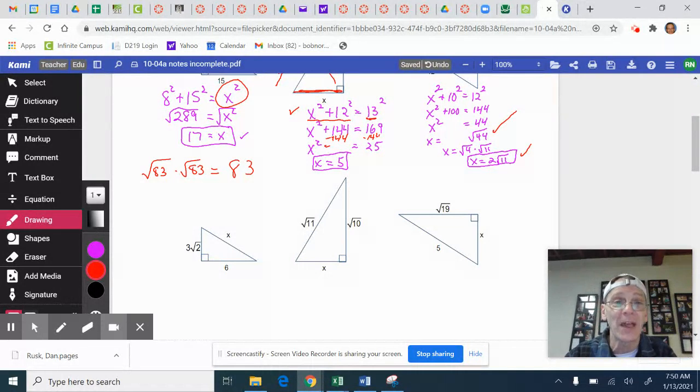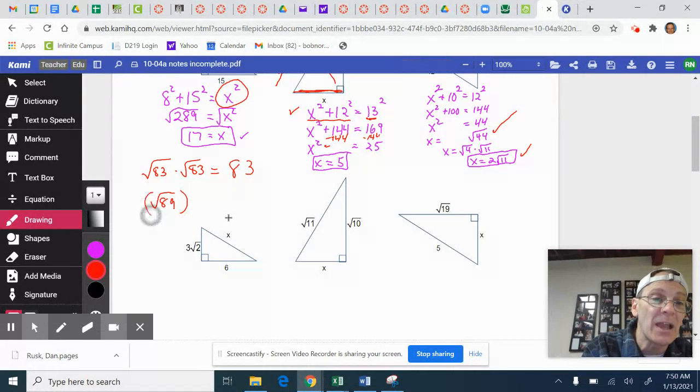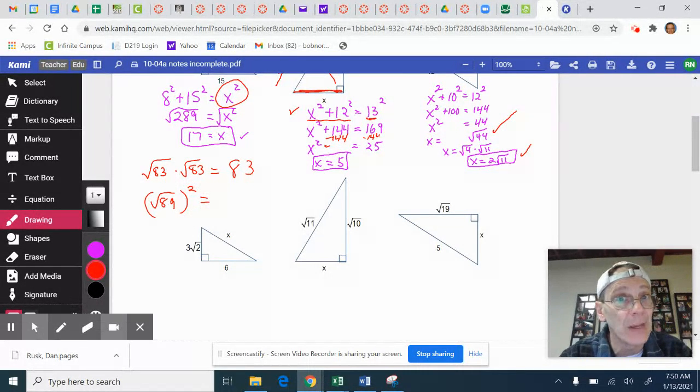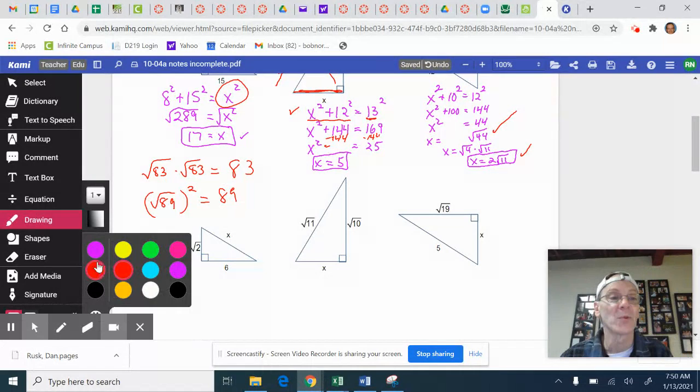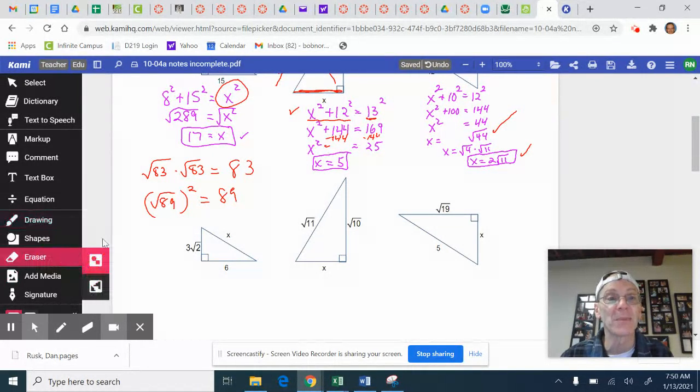You don't have to do that. We know it's going to come out to be 83, right? And so likewise, the square root of, let's choose a slightly different number this time, 89 squared is, anybody? 89, okay? So when you're squaring all of these square root expressions, you should be able to get results without resorting to a calculator.